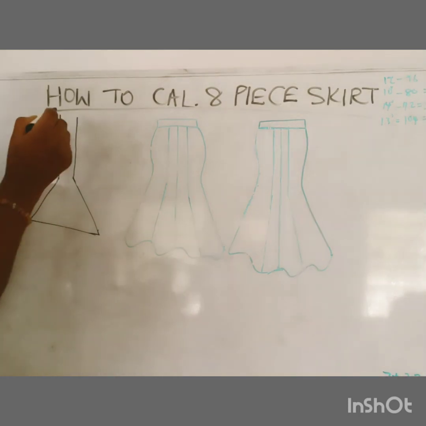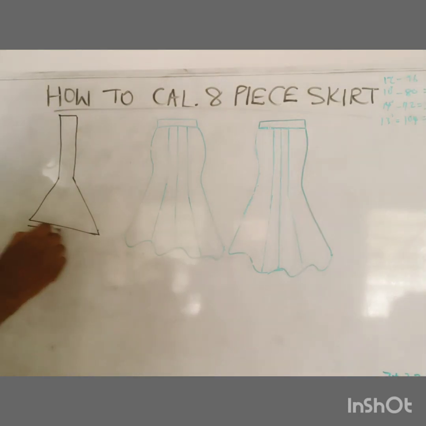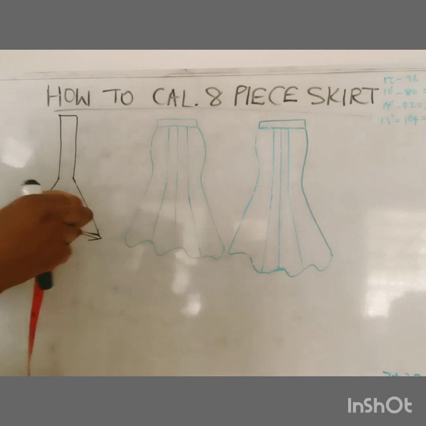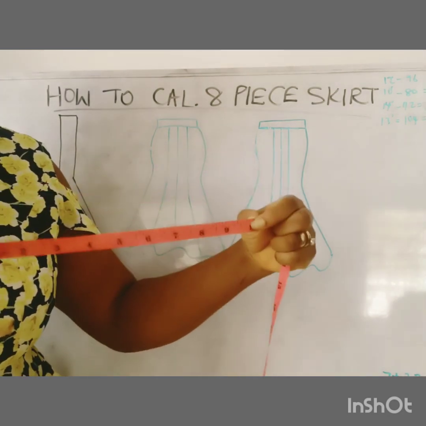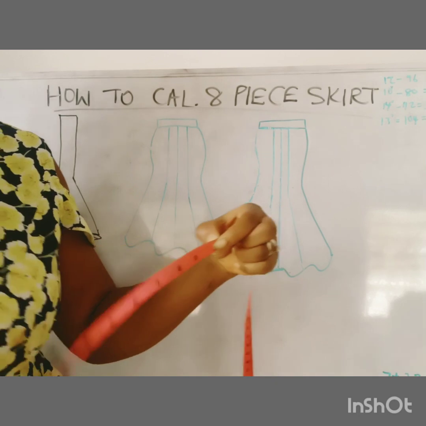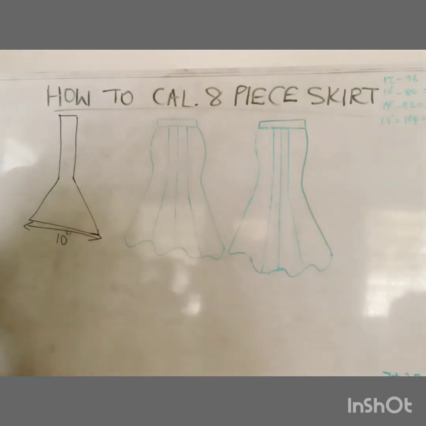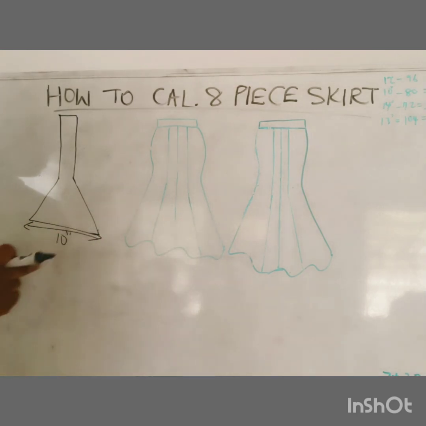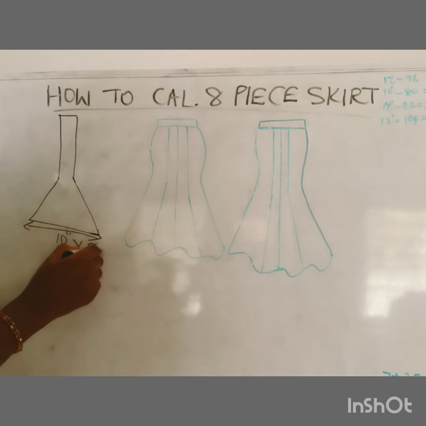So if, for example, you want yours to be 10 inches wide, this is how wide the flare will be at 10 inches. The down parts get to be as wide as this. If you want all of them the same width, multiply 10 by 8, and you're going to have 80 inches.